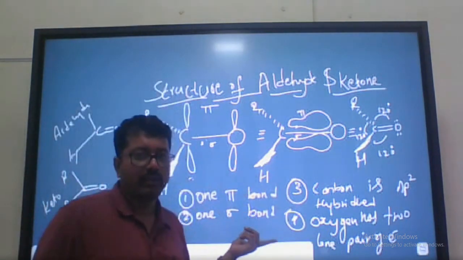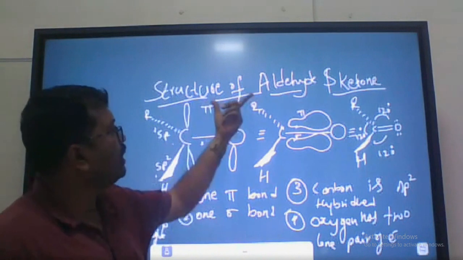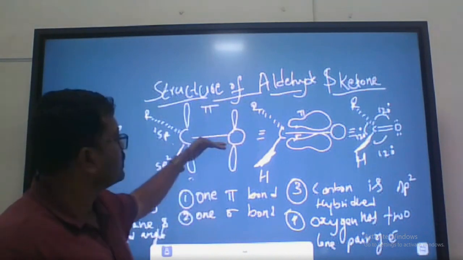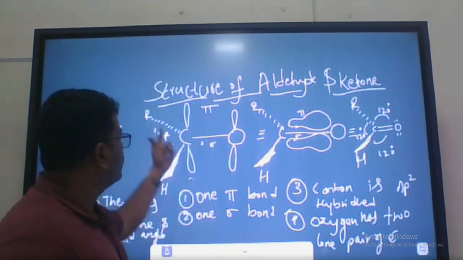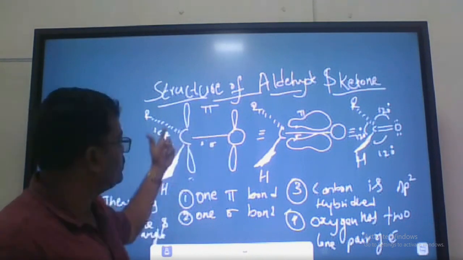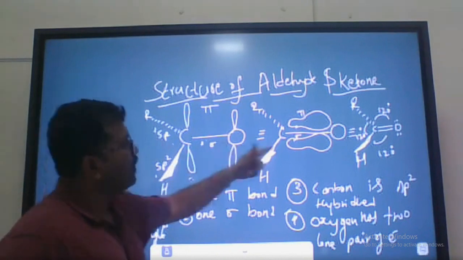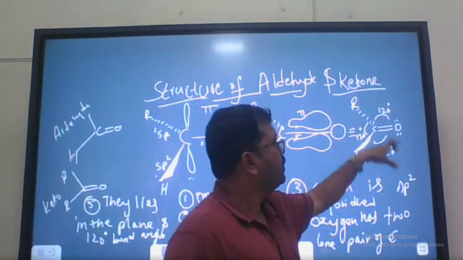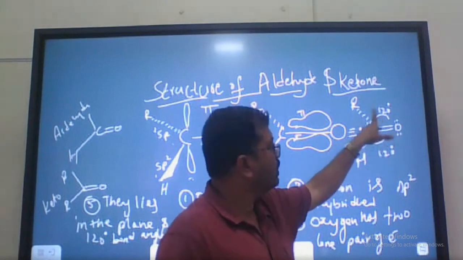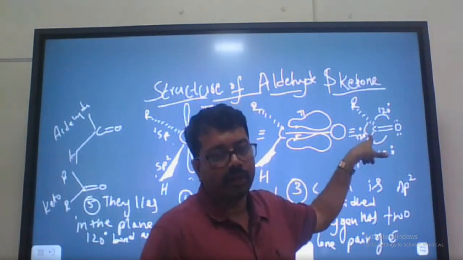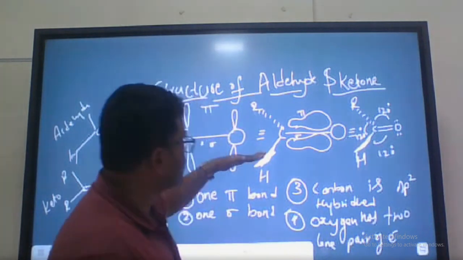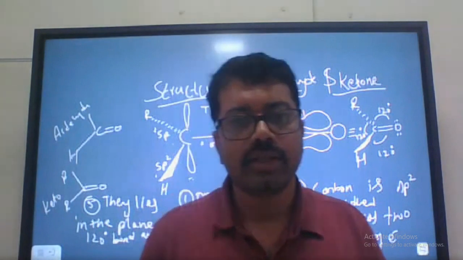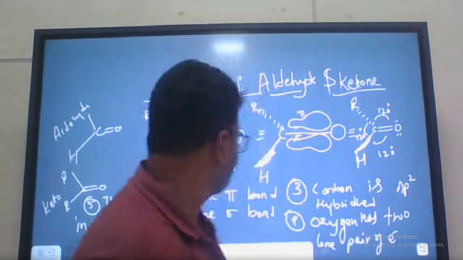If you want to explain the structure of aldehyde and ketone or carbonyl compounds, you have to write: carbon and oxygen, one pi bond and sigma bond, the carbon is sp2 hybridized, and the bond angle is 120-degree, with three sigma bonds. This is the structure of aldehyde and ketone.